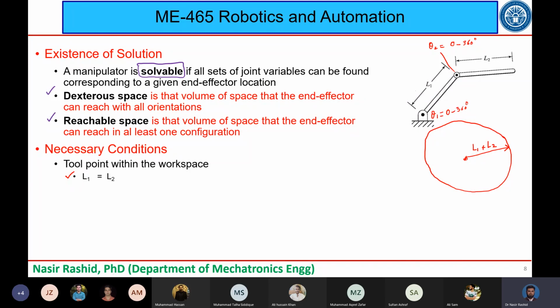Number 2, if I fold this onto this, how would this look? This will look something like this, and since L1 was equal to L2, this becomes L1 and this was my base. So now this point, which was my end effector, has come down to the base.